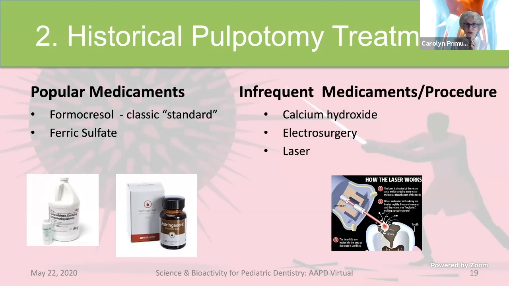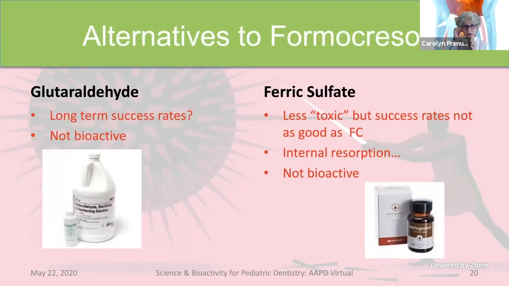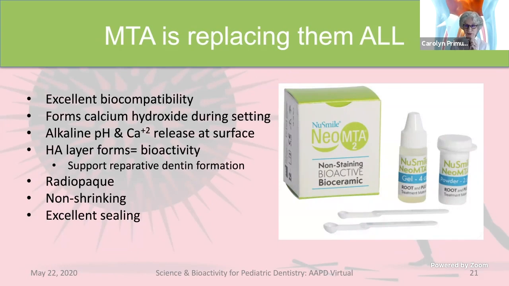Okay, you know all about pulpotomy treatment. You know that formocresol, ferric sulfate are popular. There are other materials that are used, other techniques, including things that are as revolutionary as bone morphogenic proteins. But these materials that I'm showing you are not bioactive. So MTA is really replacing all of the formerly used medicaments for a number of reasons.